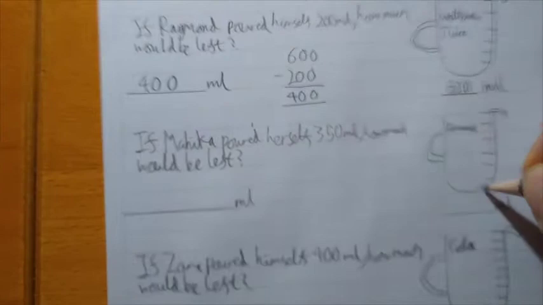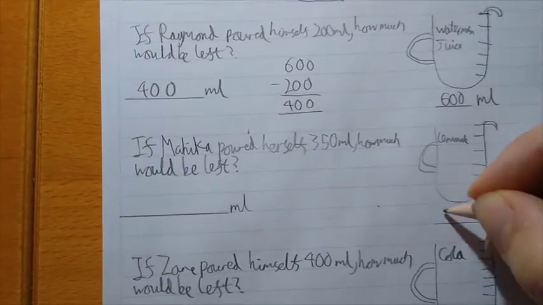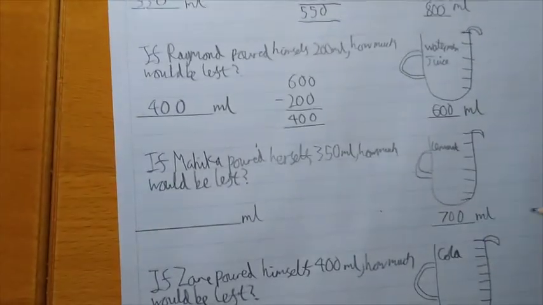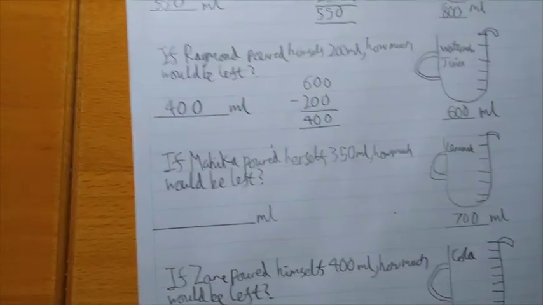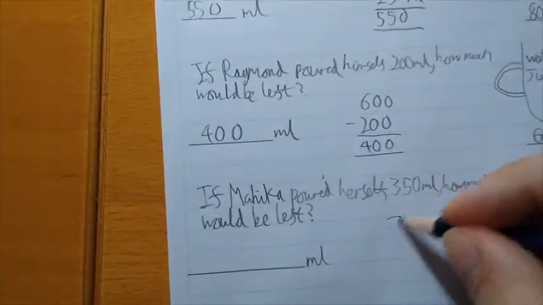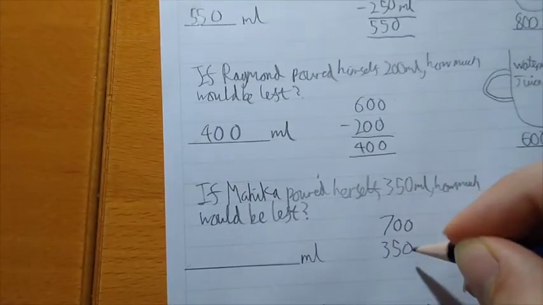If Mahika poured herself 350 millilitres, how much would be left? So we have 100, 200, 300, 400, 500, 600, 700 millilitres. So 700 millilitres, sorry, please forgive my grammar. So 700 minus 350.